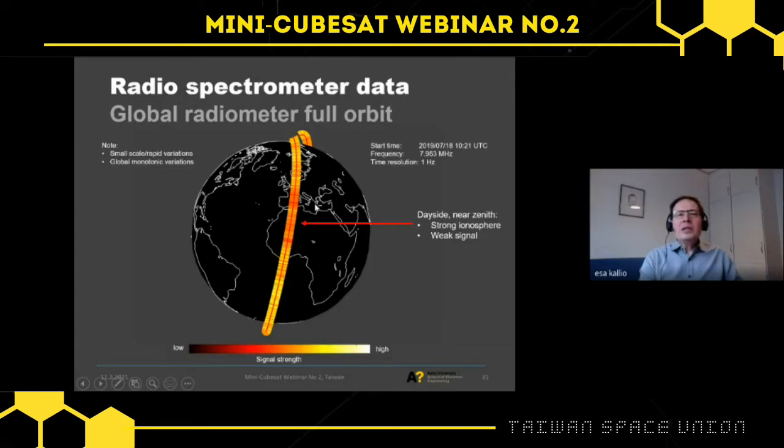This is something we expected to see if we have homogeneous radio signal emission or noise around the Earth. The ionosphere blocks effectively, especially in those regions where the spacecraft is above the day side and the strong ionosphere. So this is the trend we expected to see from a theoretical point of view.